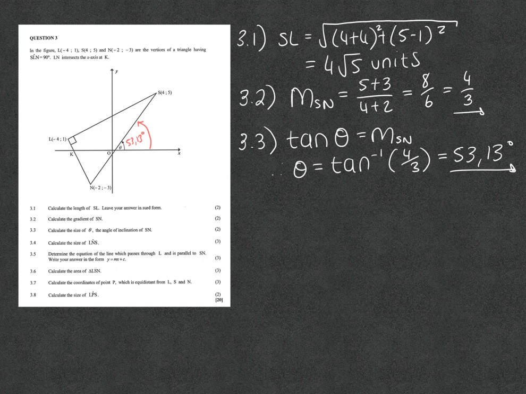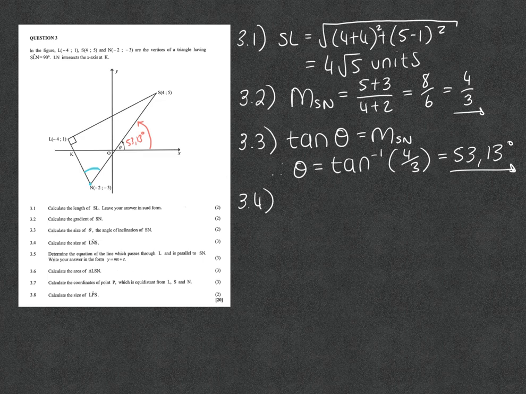3.4, okay, is now working out the size of angle LNS. That is this angle over here, ladies and gentlemen. So I'm going to do my technique that I use with my students, and that is making a Cartesian plane on the point where the angle is happening.